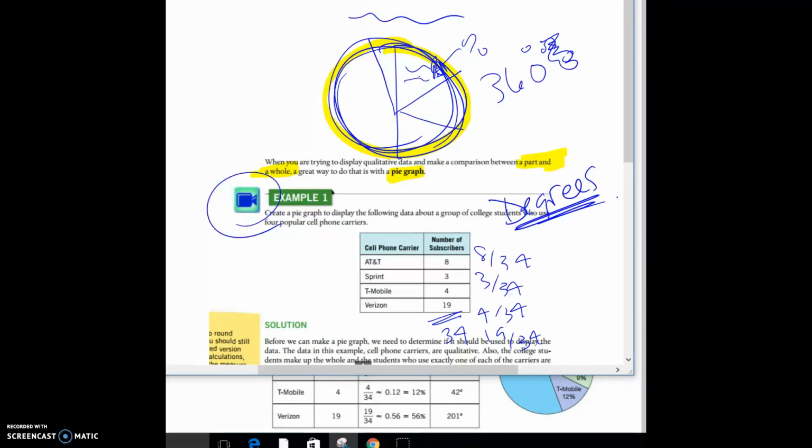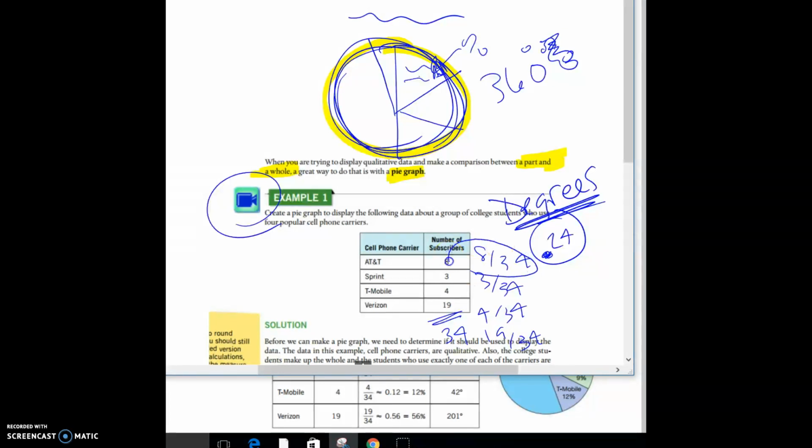And so once you get your percent, remember to use a percent, you're going to take your percent in decimal form. Like one of these might be 0.24. So before we multiply by 100, this is the decimal we get. To use a percent, you put it in decimal form and you multiply.